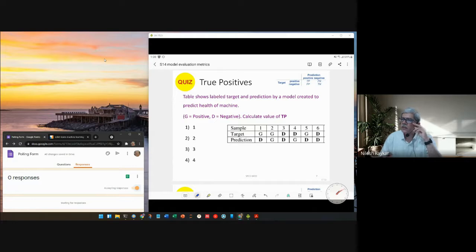You have to give two positives. Two positives means it is matching and the prediction is positive. The second term always belongs to prediction. And here it is defined G is positive. So how many times is G predicted correctly?